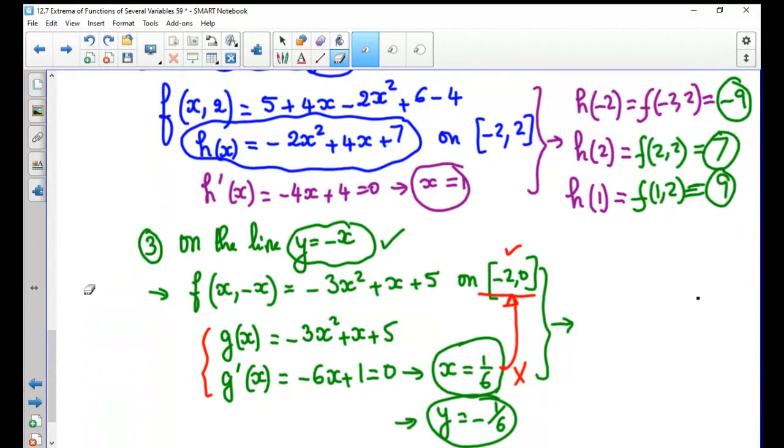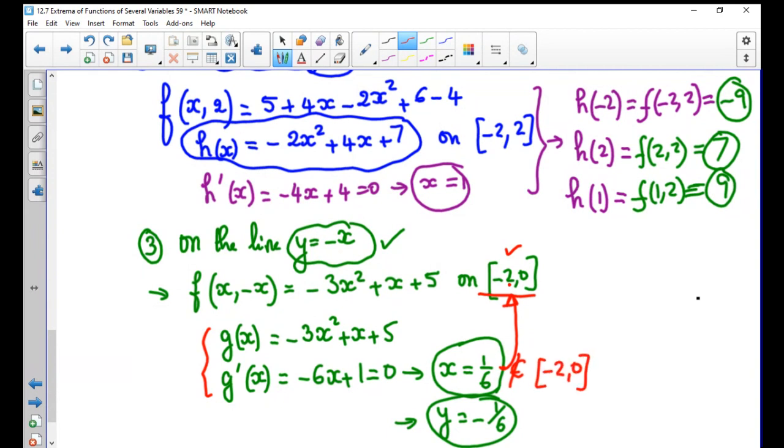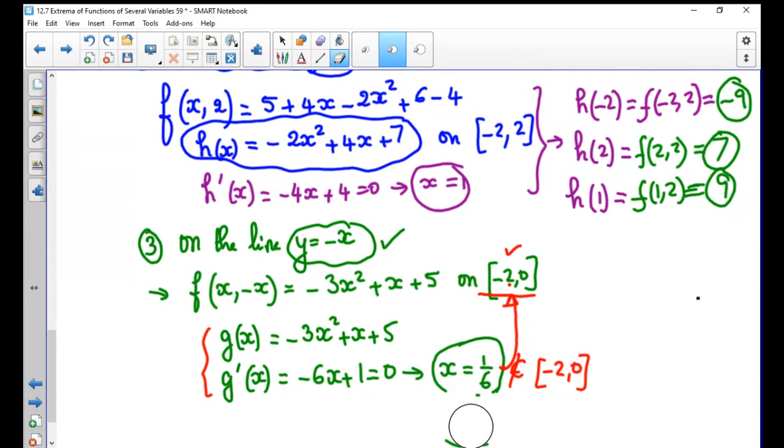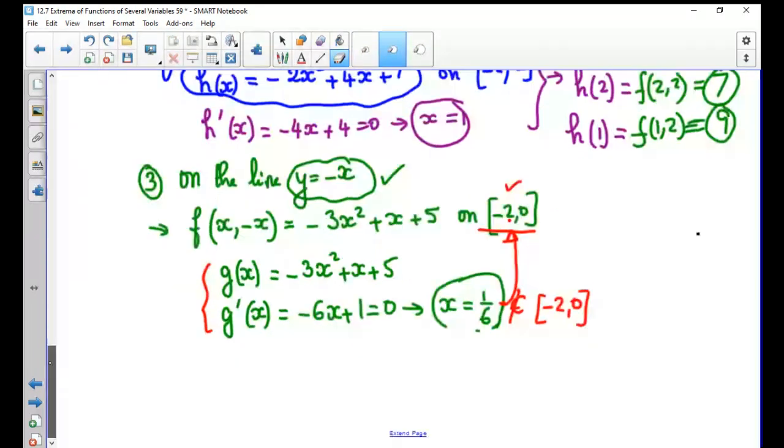And when I solve this, I'm getting 1 over 6, which is not in this interval. So I will write this: this point does not belong to the interval minus 2, 0. So ignore it. There is no need to find a y. There is no point for that.